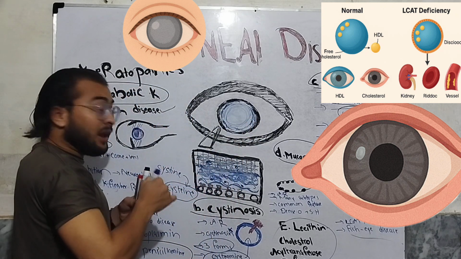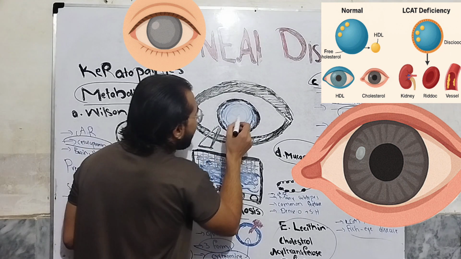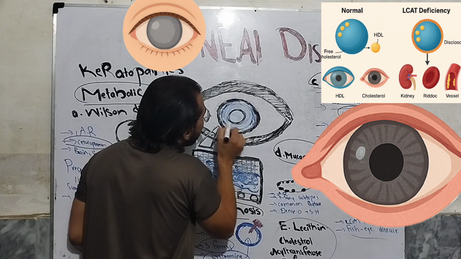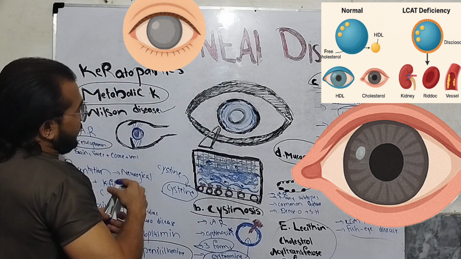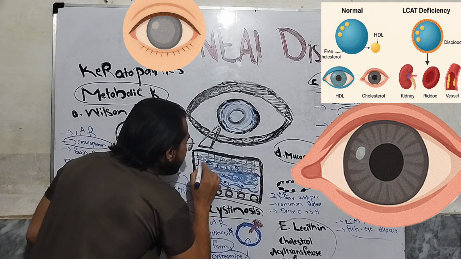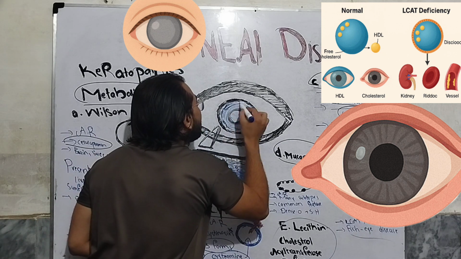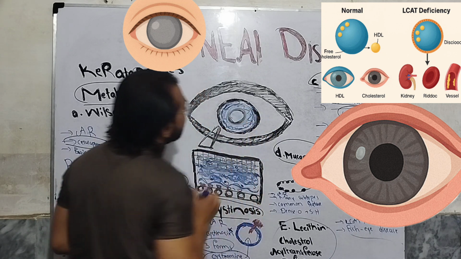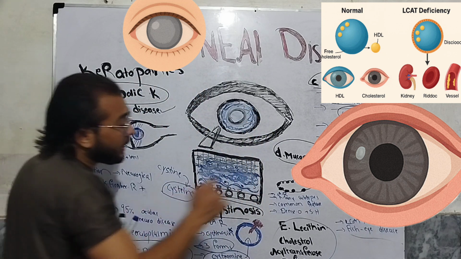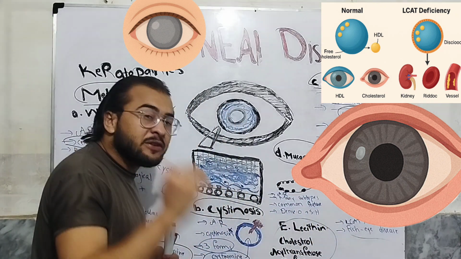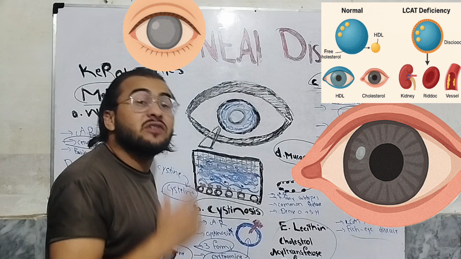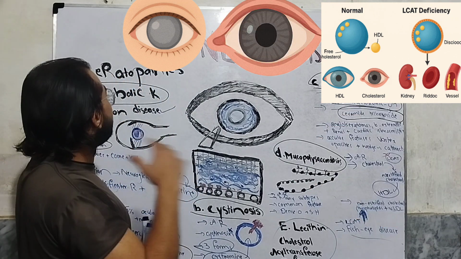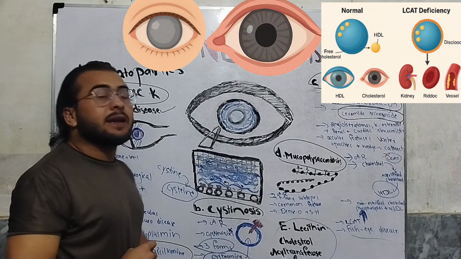This is called fish eye, only this small area will be left, and the opacities will cover the periphery. So this is called fish eye pattern. That's why when there is partial deficiency of this enzyme, it will cause fish eye disease. Okay. So these were the metabolic keratopathies.